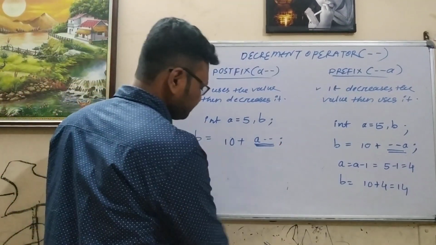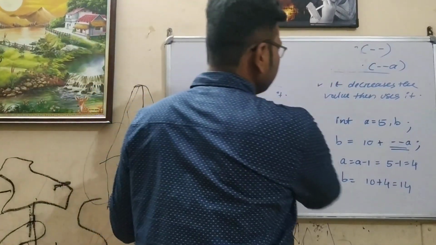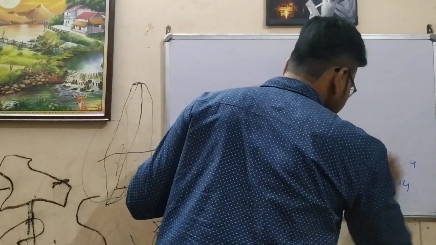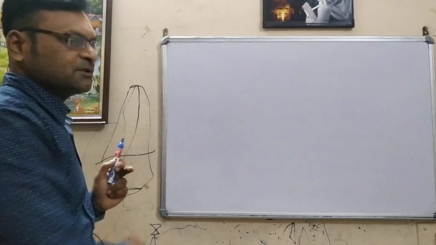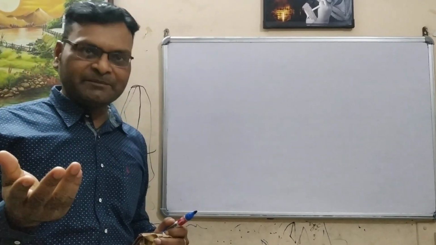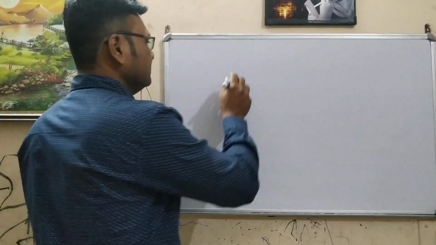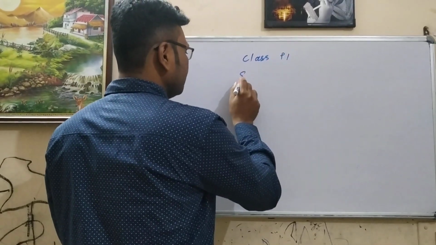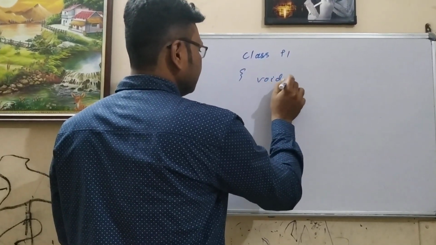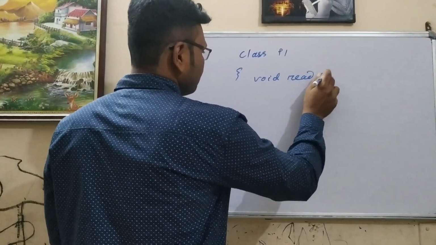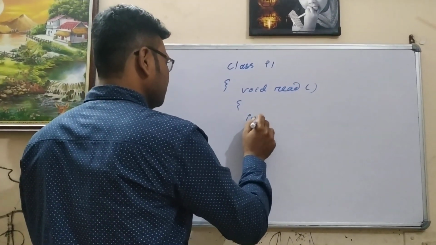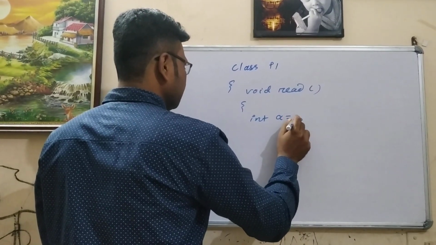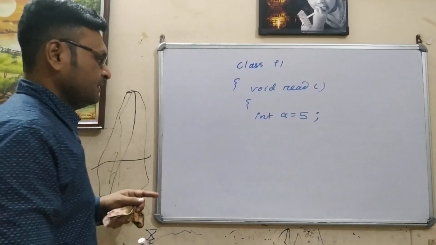Similarly, sometimes when we write a program, in the printing statement also we use increment and decrement operators. Suppose my program is class P1, void read. One variable is declared, int a = 5.